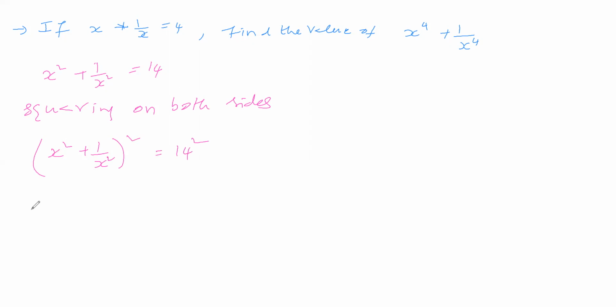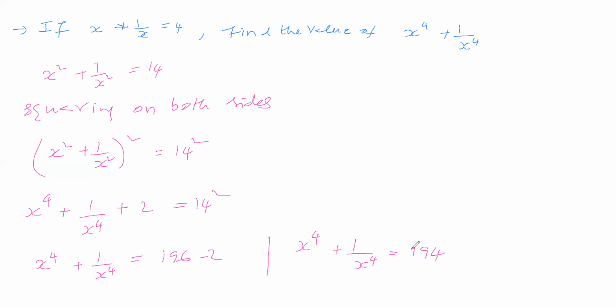Now square this one, you will get x power 4; square this one, 1 by x power 4; multiply these two with 2, so we will get plus 2 equal to 14 square. Then x power 4 plus 1 by x power 4 is equal to 14 squared, that is 196, minus 2, as 2 comes this side. Therefore, x power 4 plus 1 by x power 4 is equal to 194. Next we will go to next sum.